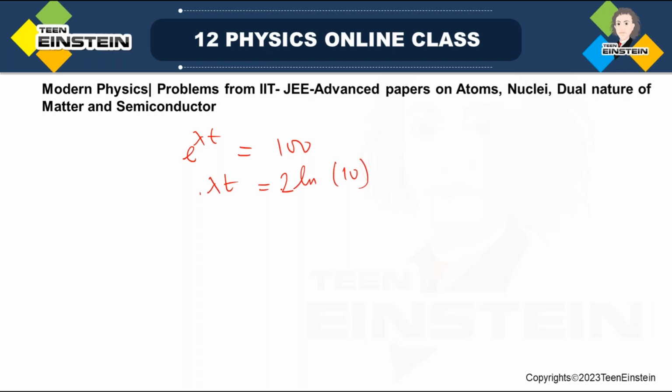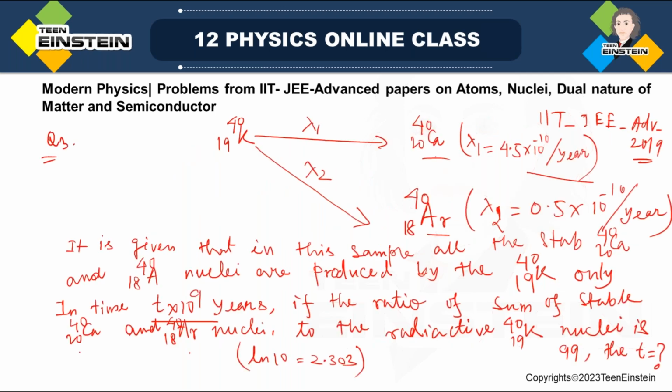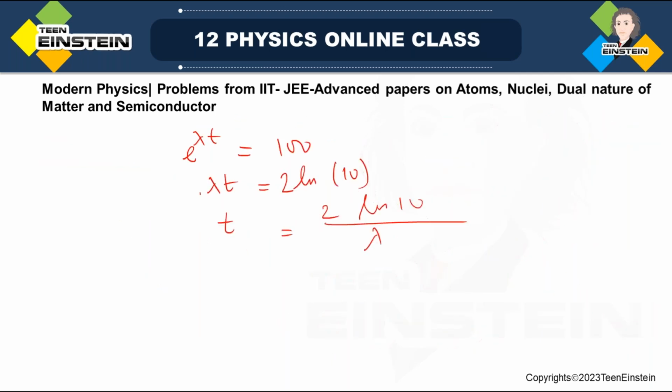So t will be 2 ln 10 divided by lambda. And in the question it was given ln 10 is equal to 2.303, so 2 into 2.303 divided by lambda.